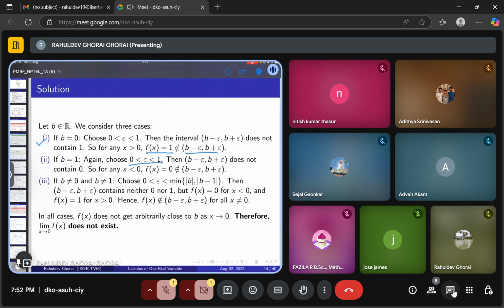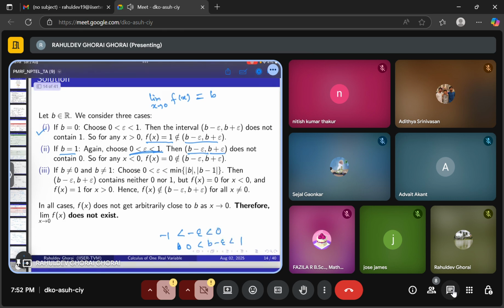Let's assume the limit as x tends to 0 of f(x) exists and call it b. If b is 1 and epsilon belongs to (0, 1), then b minus epsilon to b plus epsilon, how will it be? b minus epsilon will be greater than 0, and b plus epsilon will be between 1 and 2.